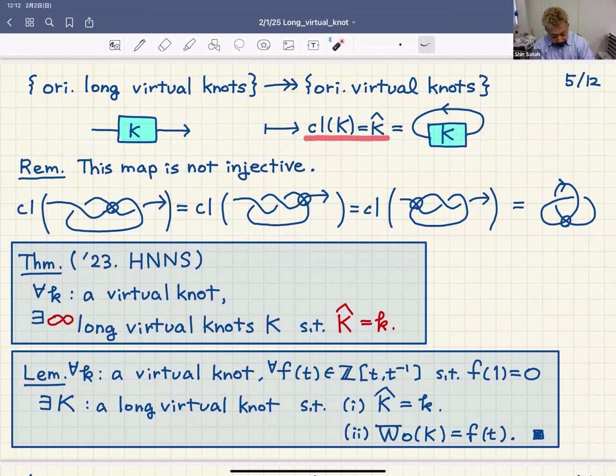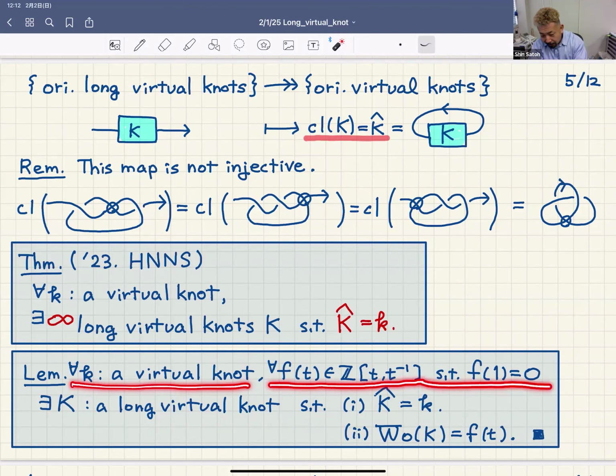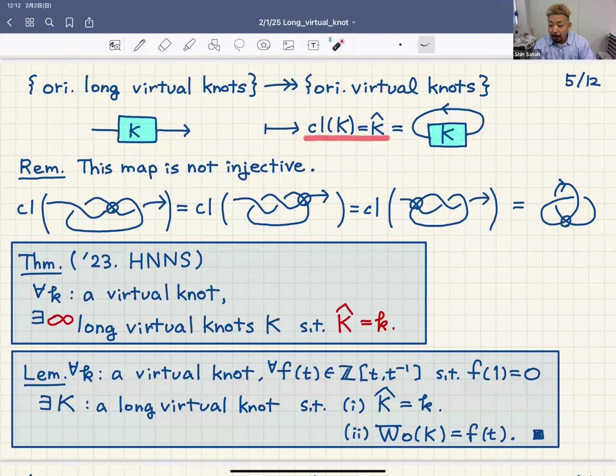For any virtual knot K and any Laurent polynomial F(t) with F(1) equal to 0, there is a long virtual knot k such that the closure is the given virtual knot K, and the zero rise polynomial W0 is F(t).